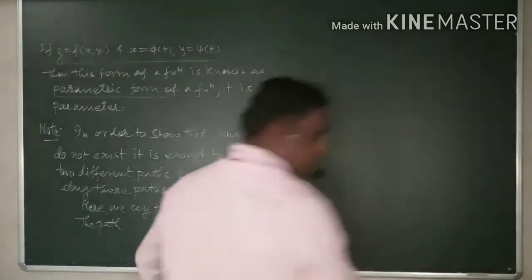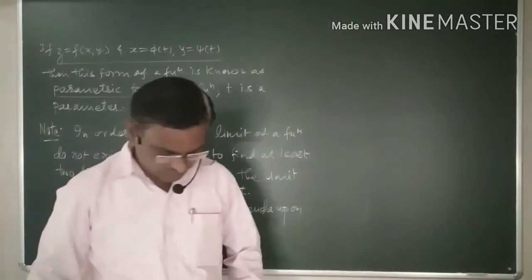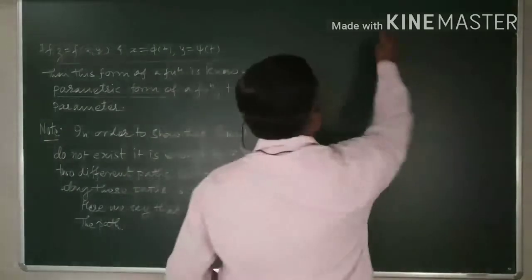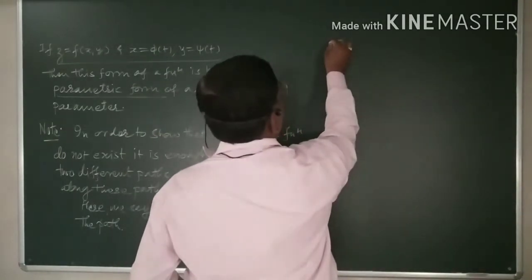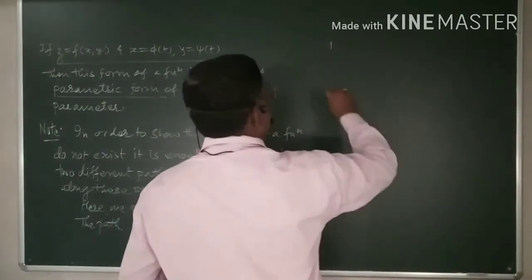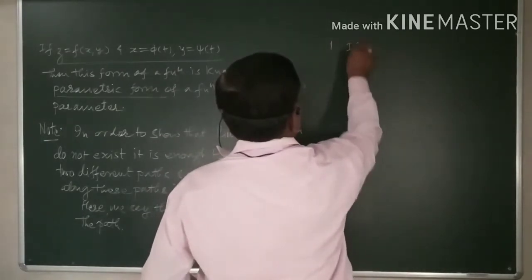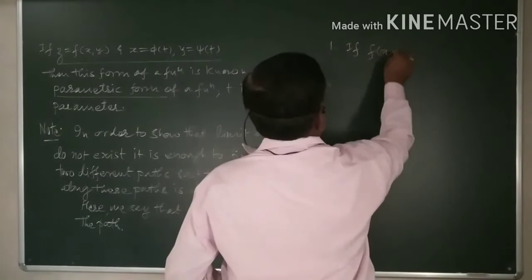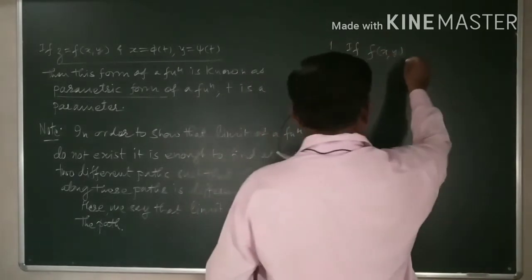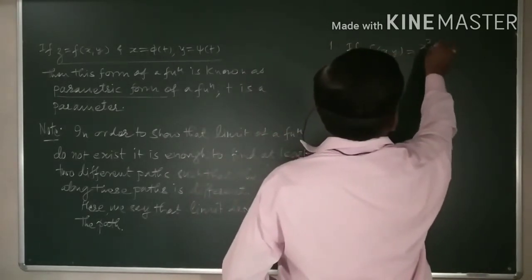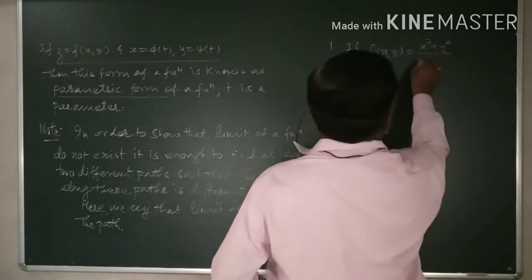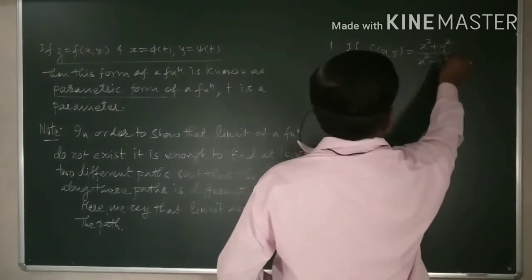Now let me go for the problems. Examples, problem number 1. If f of x comma y is equal to x square plus y square upon x square minus y square.